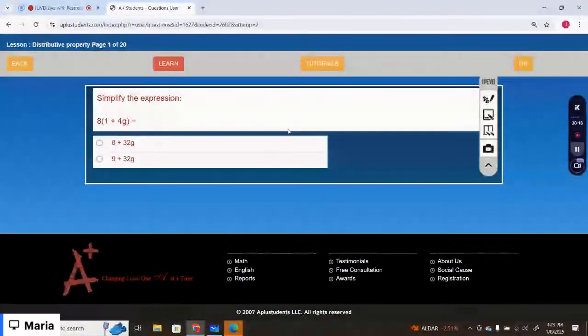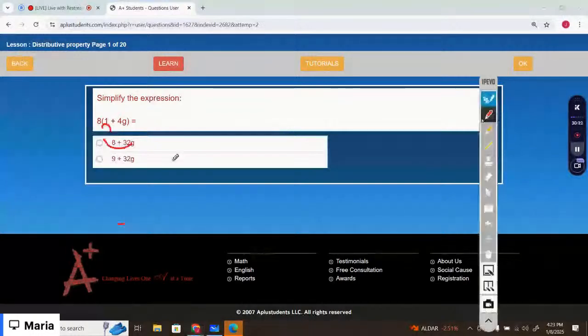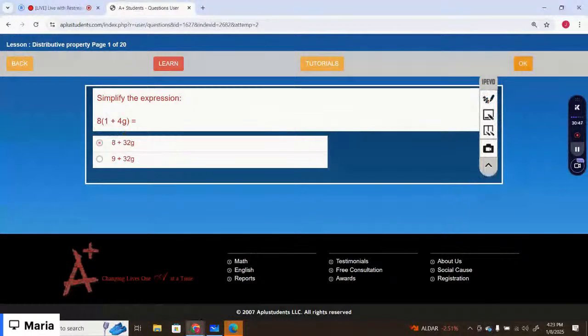You have to multiply 8 with everything that is inside the bracket. 8 times 1 is 8. Then you have to do 8 times 4g. 8 times 4 is 32. That is 8 plus 32g. Option number 1 is the correct option.